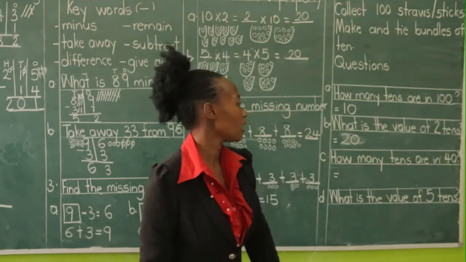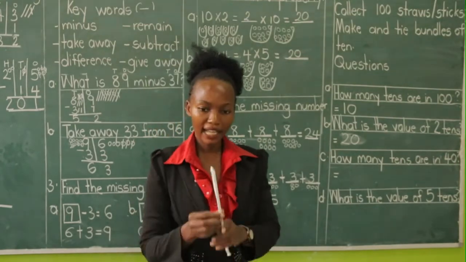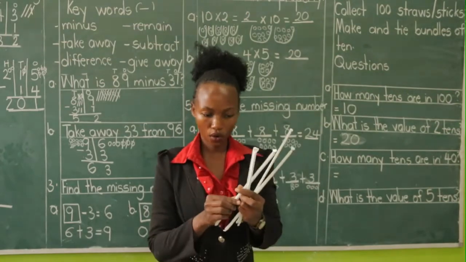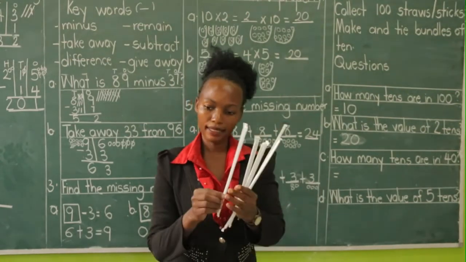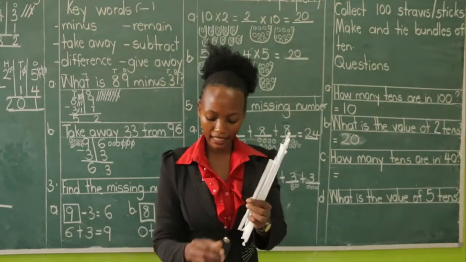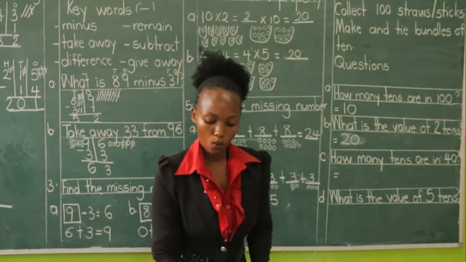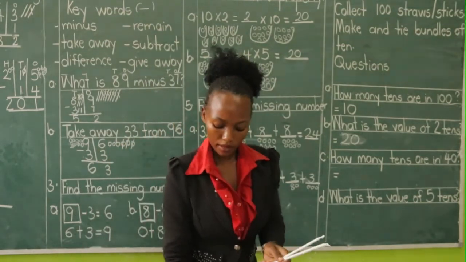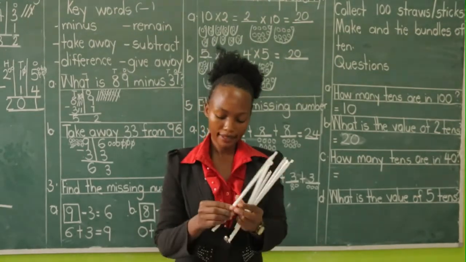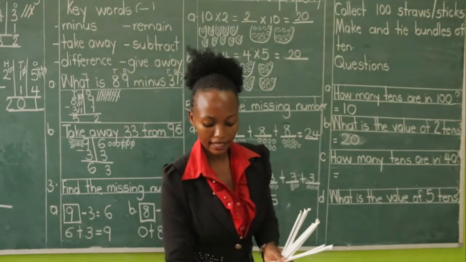Now I want to see how many tens we are going to get from 40. 1, 2, 3, 4, 5, 6, 7, 8, 9, 10. This is 10.